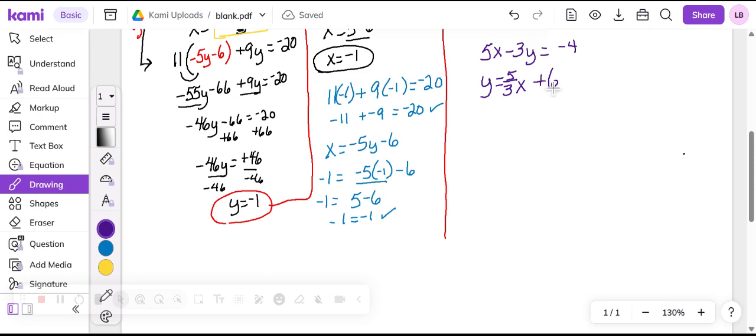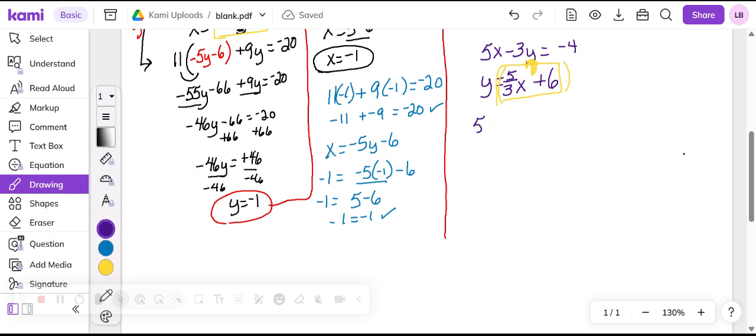If you're familiar with the standard form of equations, you're already seeing a problem, but let's carry it on. We have a value for y: this 5/3 x plus 6 is equal to y. So I'm going to replace y with that expression.